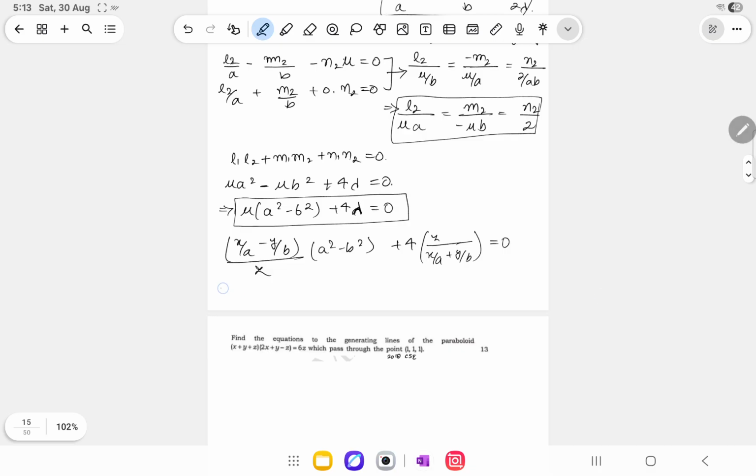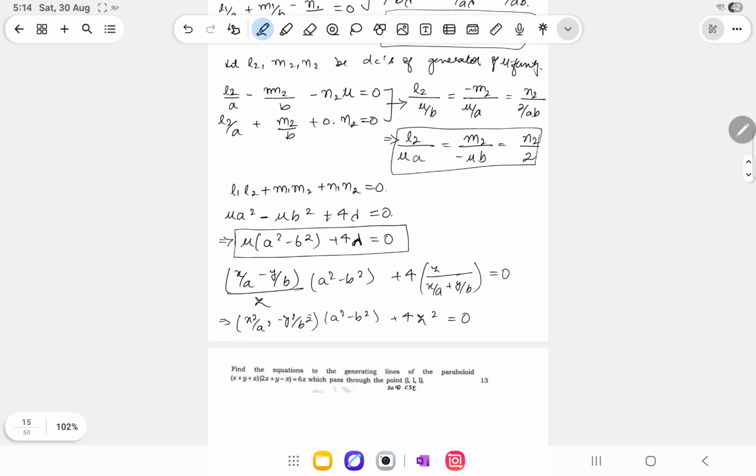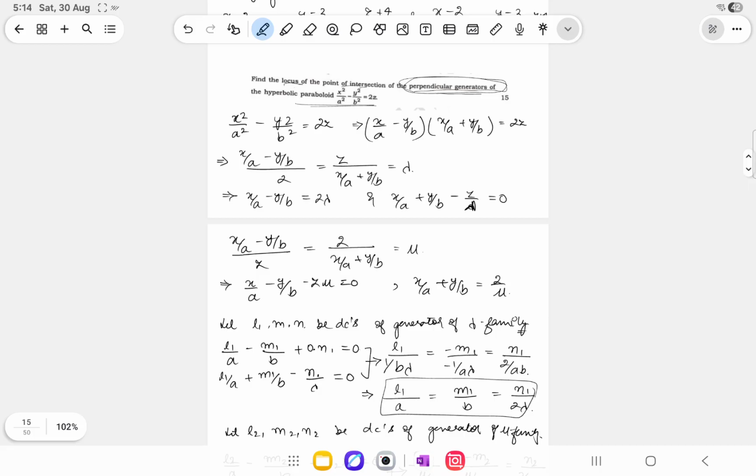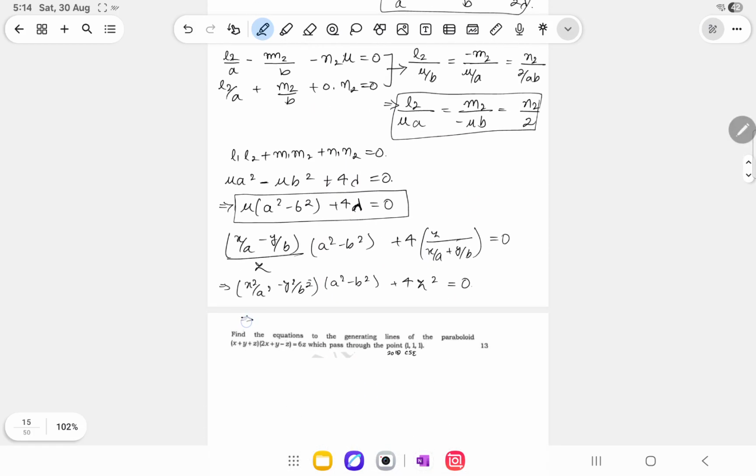One can further simplify it, so we'll be getting x square by a square minus y square by b square into a square minus b square plus 4z square is equal to 0, and x square by a square minus y square by b square is basically 2z, so it is 2z into a square minus b square plus 4z square is equal to 0, which gives us a square minus b square plus 2z is equal to 0.